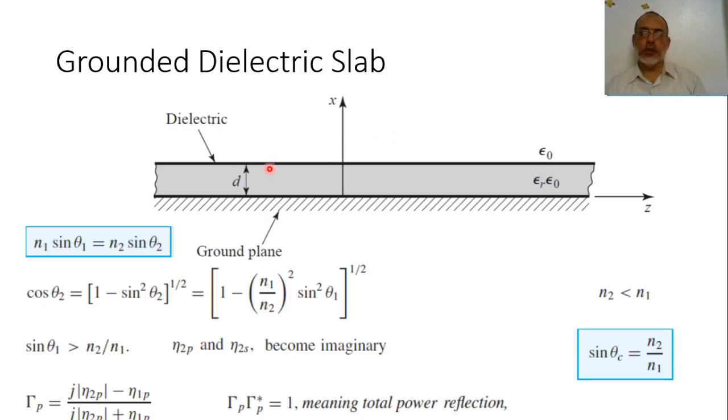Snell's law, in the notations of the book of Engineering Electromagnetics, is n1 sine theta 1 equals n2 sine theta 2, where n is the refractive index of the material, which corresponds to the square root of epsilon r.